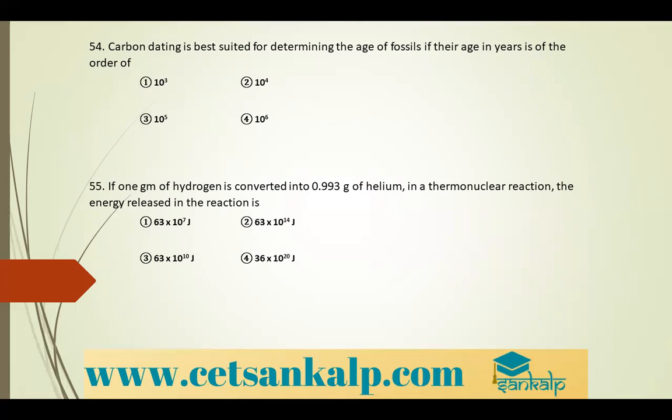This is because fossils older than this are destroyed due to the time factor. The tracks that are built by the rays are destroyed. For fossils earlier than this, the tracks are so small that they cannot be measured with accuracy.